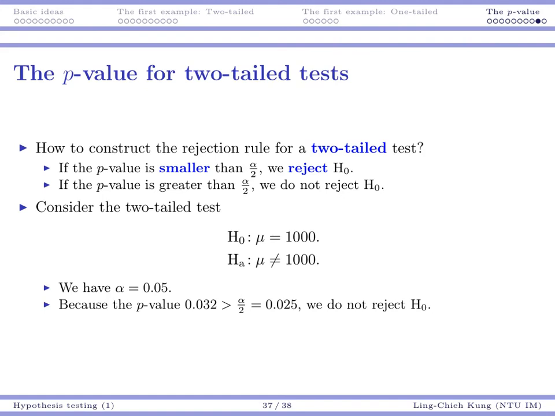So how may we construct the rejection rule for a two-tailed test? In that case, very naturally, our p-value would be compared with alpha over 2 instead of alpha, because it is a two-tailed test. So in this example, because the p-value is greater than alpha over 2, we do not reject H0.